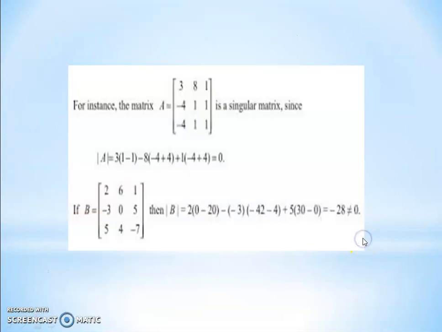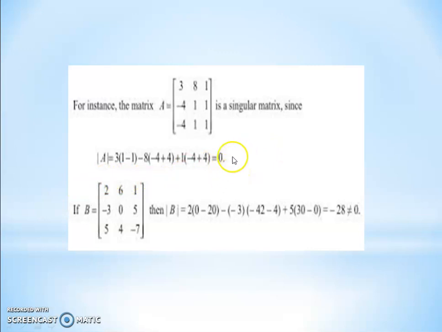Now, the next example we have to check. For instance, the matrix A is 3, 8, 1, minus 4, 1, 1, minus 4, 1, 1. Is it a singular matrix? We have to check whether the determinant is 0 or not.